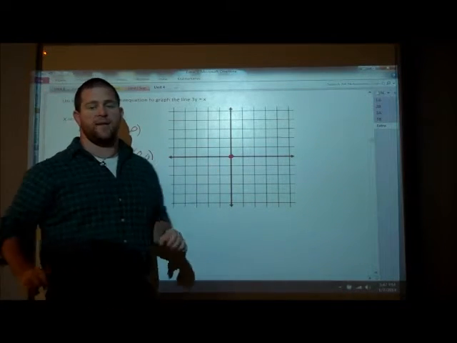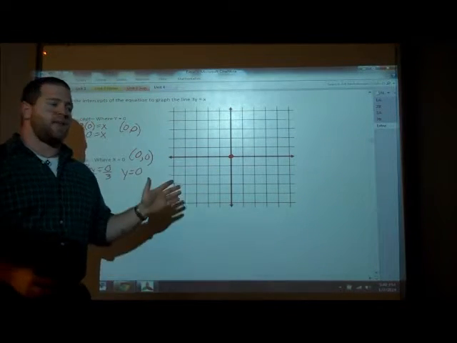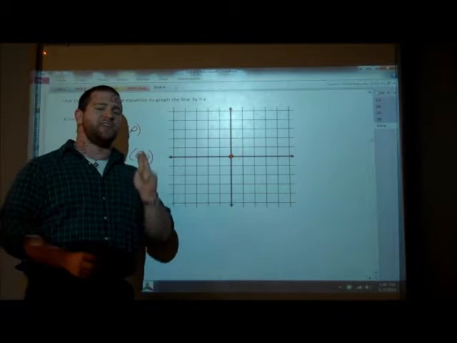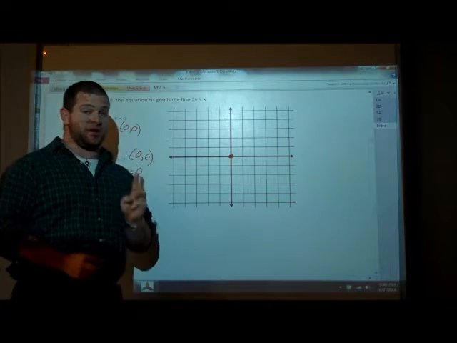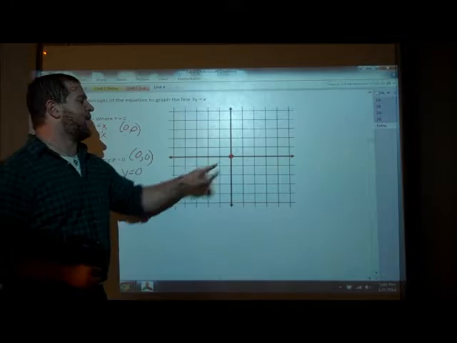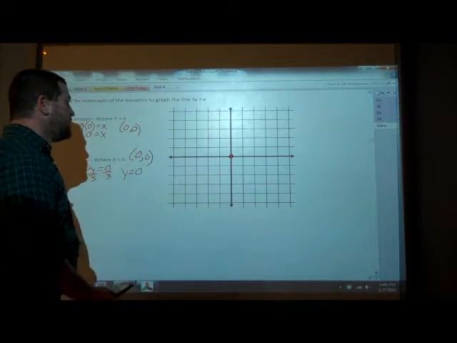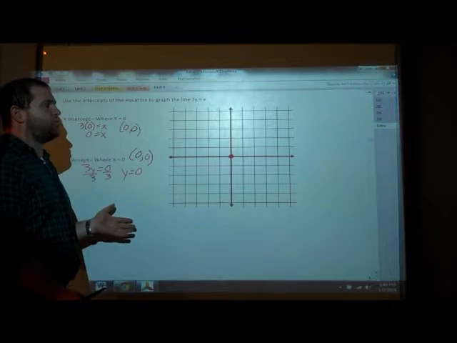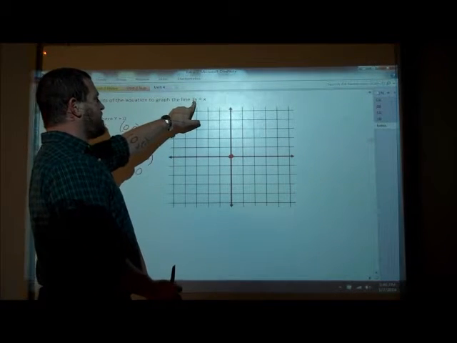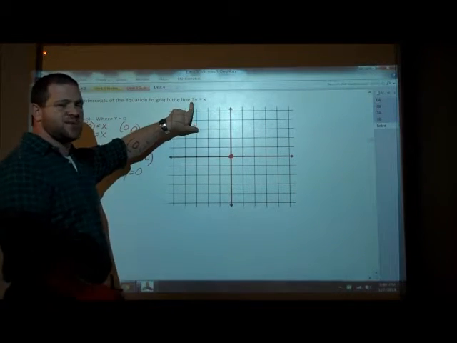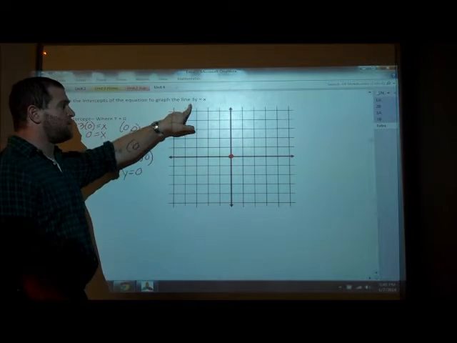Put my point there. Now I've run into a problem. In the last lesson we talked about how you need exactly 2 points to define a line. A third point can check. I've only got 1 point. I don't know if the line goes here, or here, or any direction through there. So in order to graph it, I'm going to plug in one more point. I've got 3 times y equals x. 3y is probably a little bit more complicated. It'd be easy for me to plug in there.